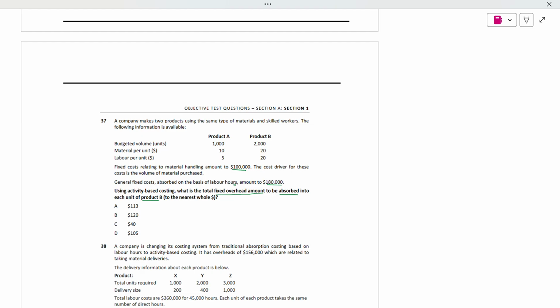Product B. Okay, so the material is 100,000, and the observed cover labor hours is 180,000, right?